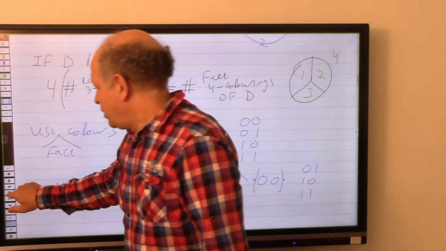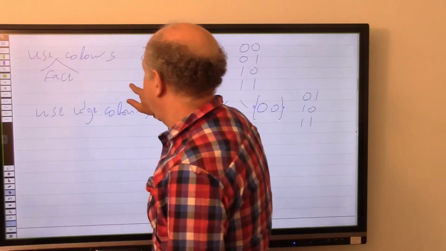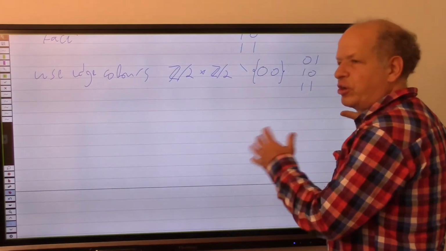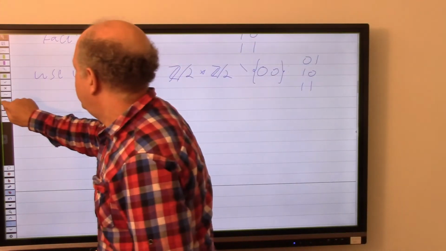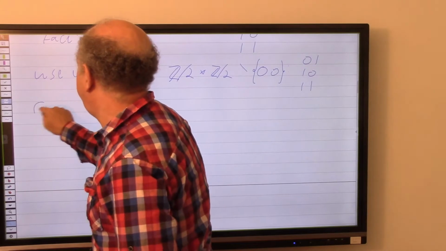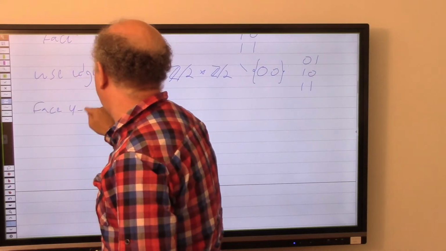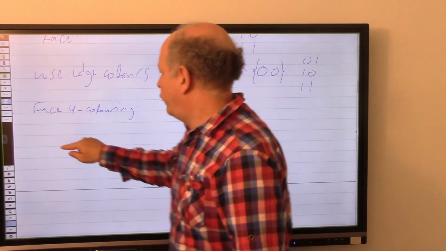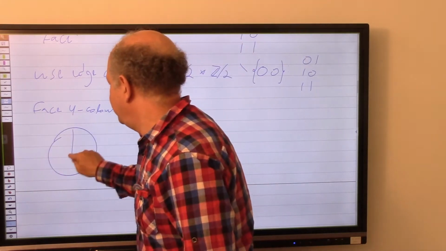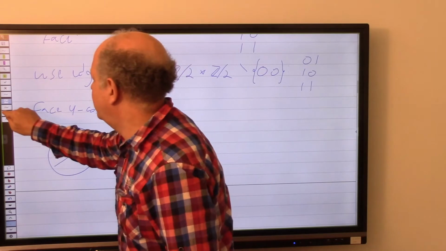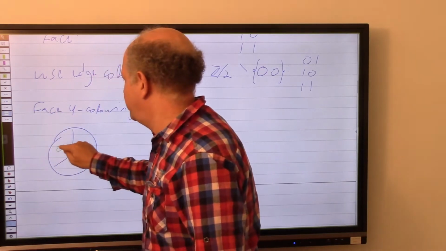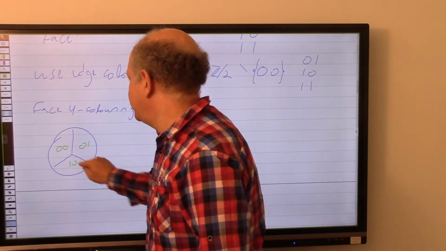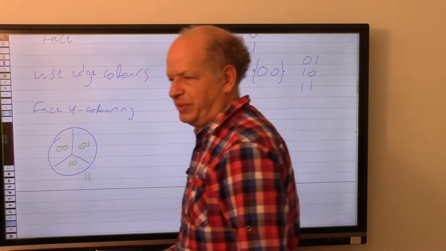And then, if you have a face 4 coloring, for example, let's take the same map and color it with the colors 0,0, 0,1, 1,0, and 1,1.